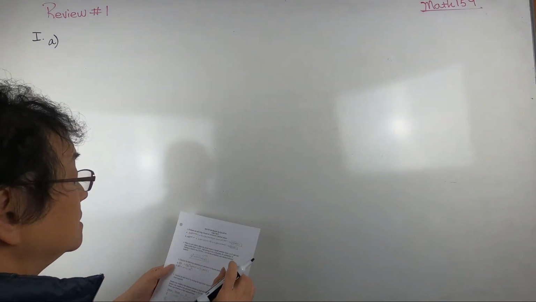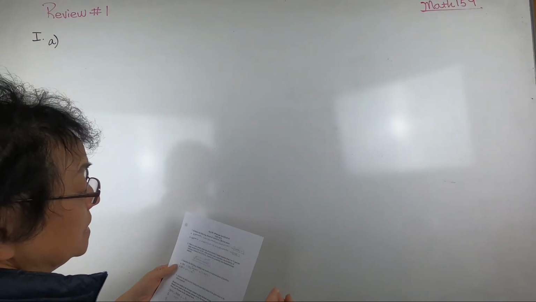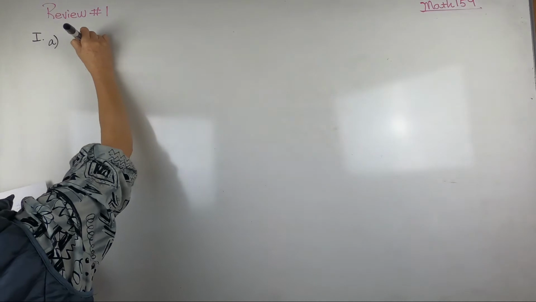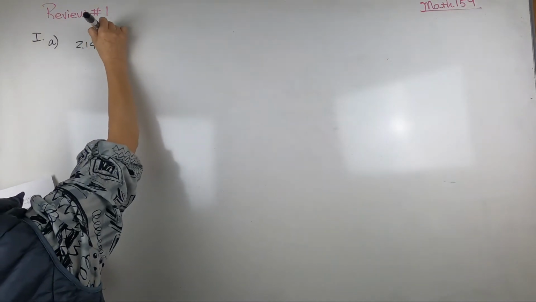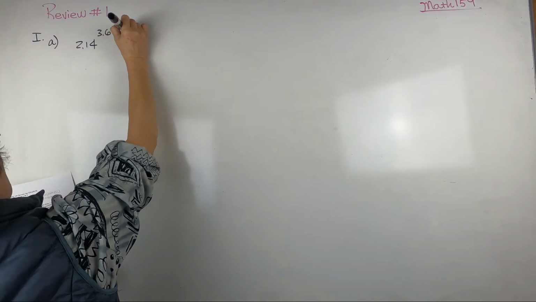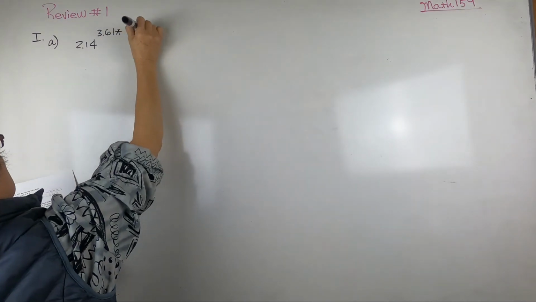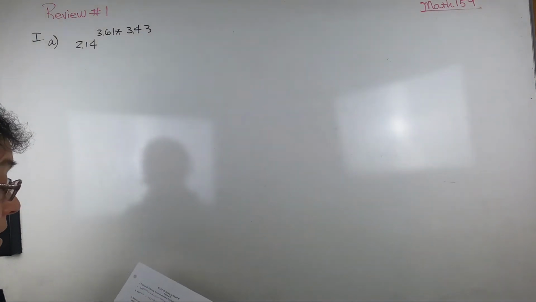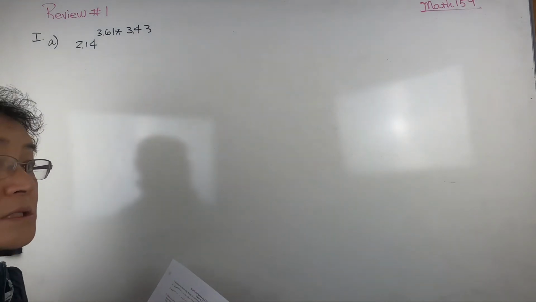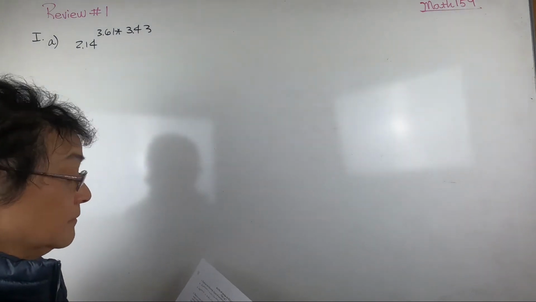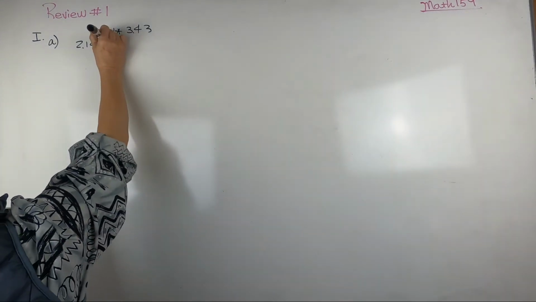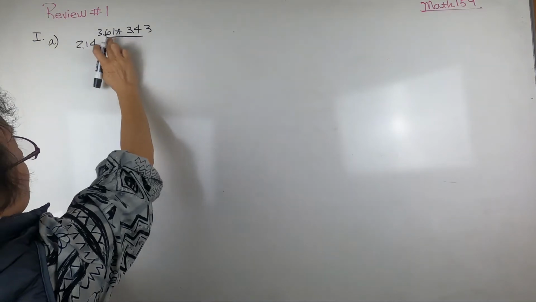So the first one, rounded to 3 decimal places. You can do the order of operations with calculators to calculate the number correctly, okay? The calculator follows the order of operations, so you need to do that. For this one, you need to do the power part first.